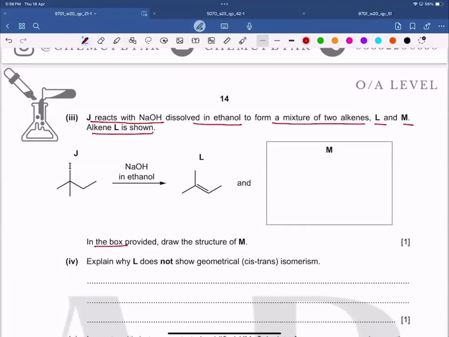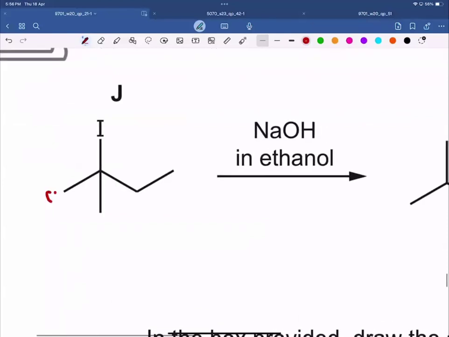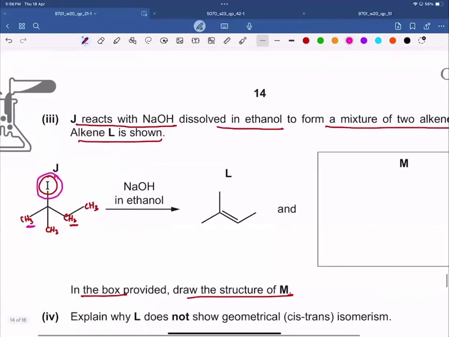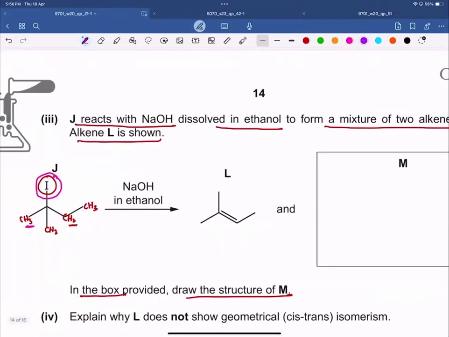In the box provided, draw the structure of M. If you see over here, you have a CH3 here, CH3 here, and CH2 here, and then CH3. In this case, the hydrogen is removed from here when the iodine gets removed from here. That's why you are getting the double bond. But there is another possibility that if iodine is removed from here, a hydrogen gets removed from this side. So when this happens, we will get a double bond over there like this.